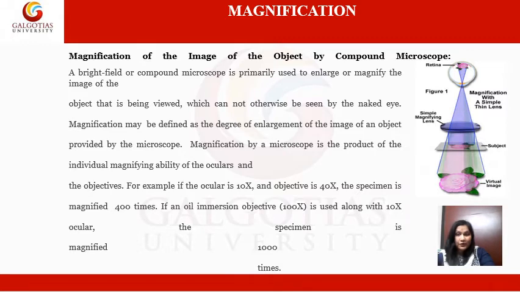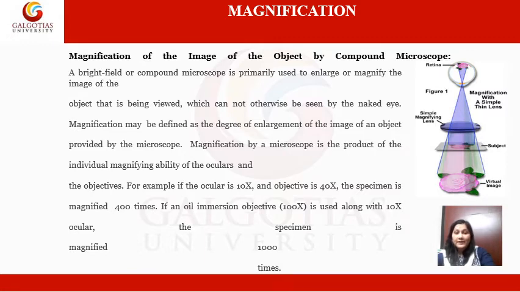Magnification by a microscope is the product of the individual magnifying ability of the ocular and the objective. Now, what is ocular and what is objective? I already told you that in compound microscope there are two lenses. The lens that is closer to the observer's eye is the ocular, and the lens which is closer to the object or the specimen is known as the objective lens.